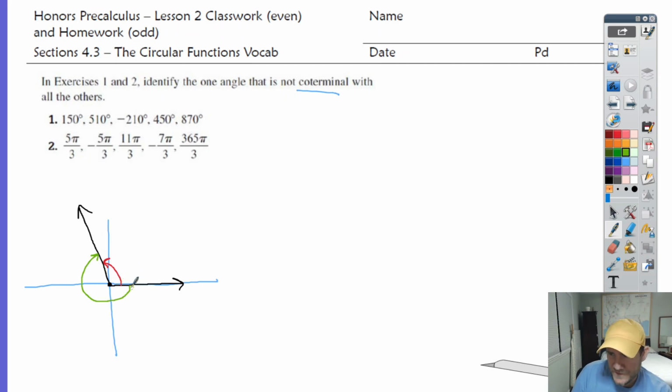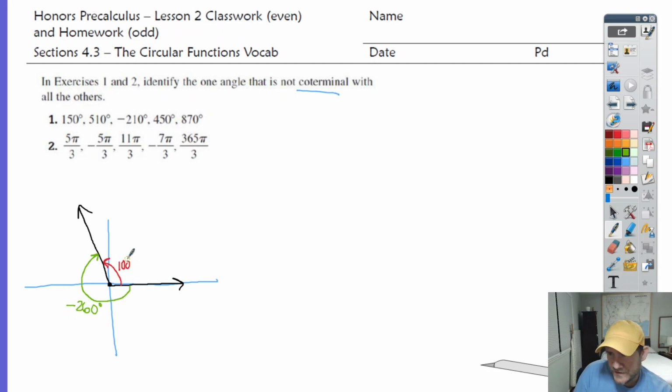And hopefully it's clear to you that these two angles together would have to make a total of 360 degrees. So if I said this initial angle was 100, then it would be related to a 260 degree angle. 360 minus 100 is 260. If I'm going the other way around, then I call that a negative angle.